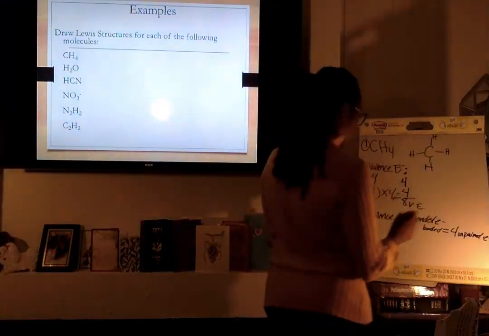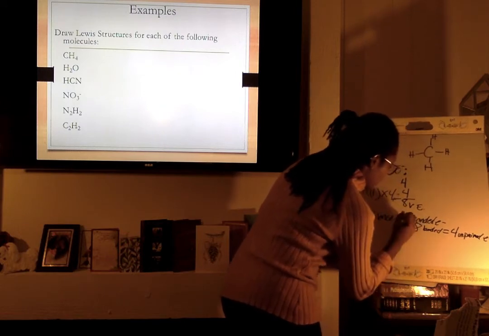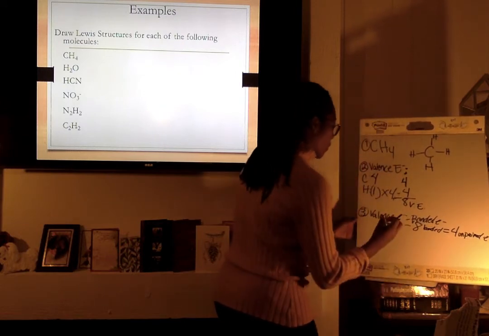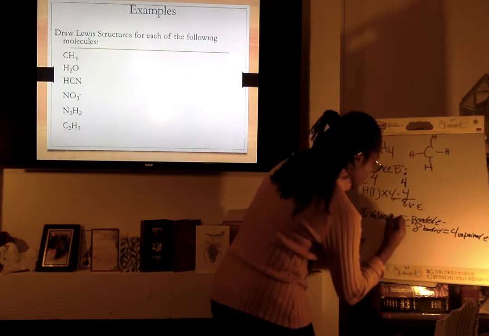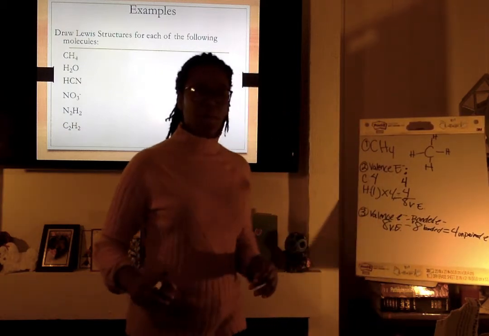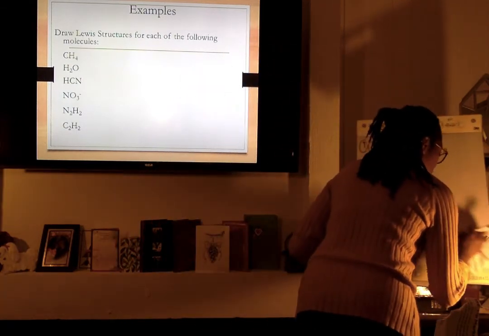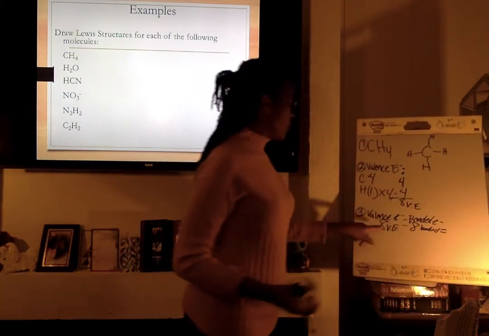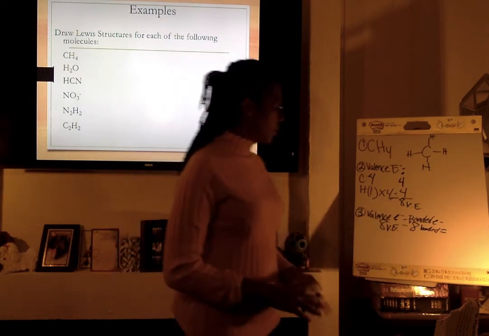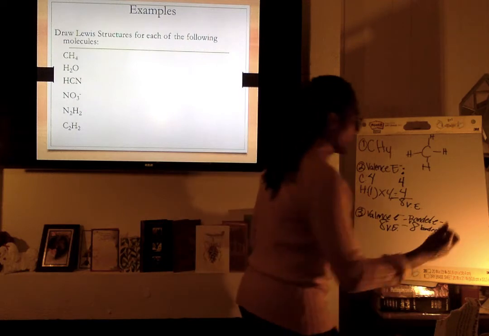So you have 8 valence electrons total. So the total number bonded is 8 electrons, and the total number of valence electrons is 8. Okay, this is making more sense. So now, you have 8 valence electrons total, and you have 8 bonded, so therefore you have no lone pairs.